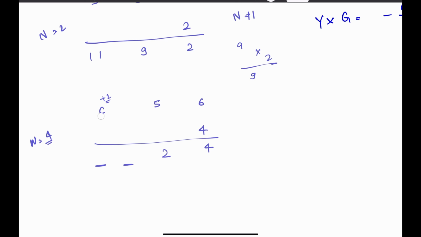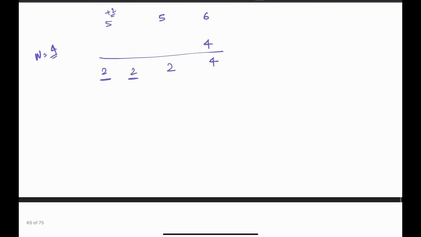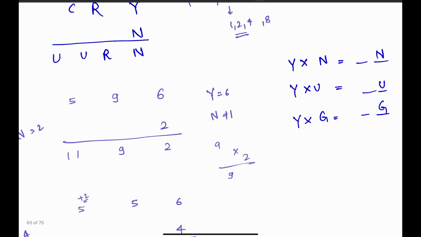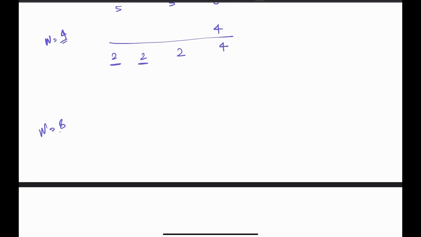Okay, again, if I take 5 over here, it will be 22, right? So let's take n equal to... 1 not possible, 2 possible, 4 possible, 8 possible. Let's see if 8 is possible. C r 6, 8. 8 times 6 is 48, carry 4. So carry 4.